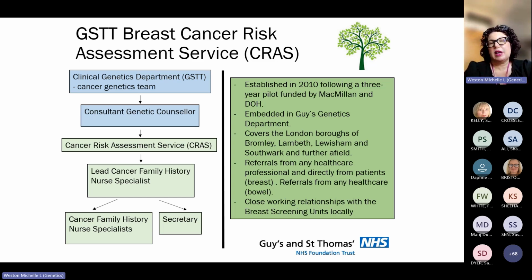And essentially our service started back in 2010, and it started through a charity grant, because what they wanted to do was to try and ensure that people who wouldn't necessarily access services in hospitals could then access services in the community. So historically, a lot of our clinics were in the community.